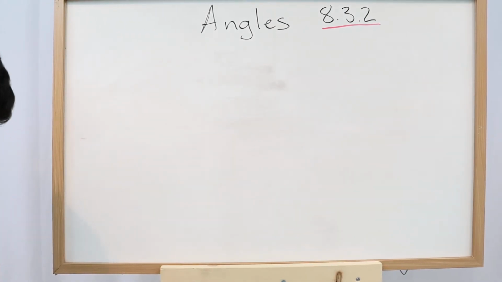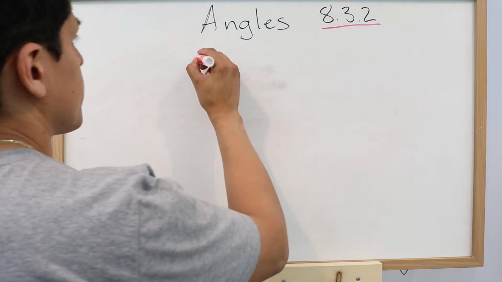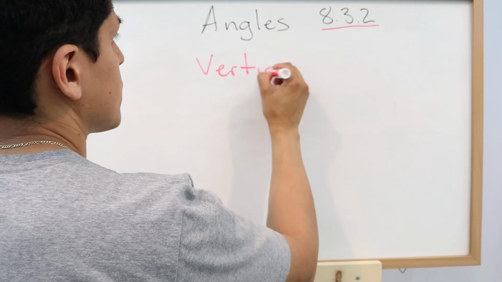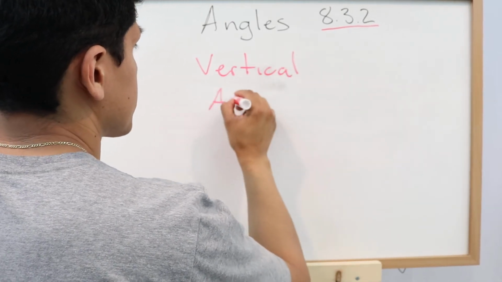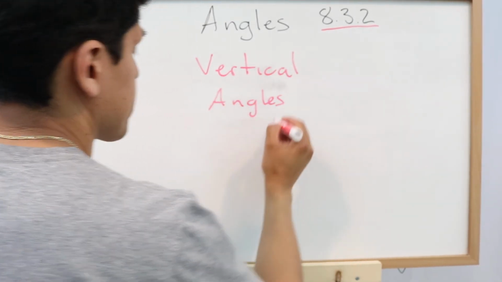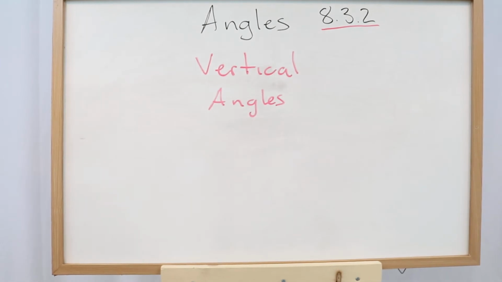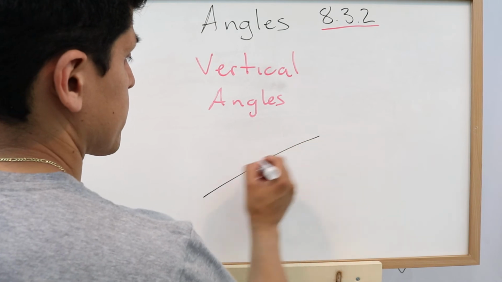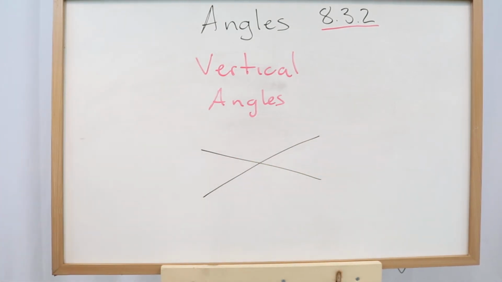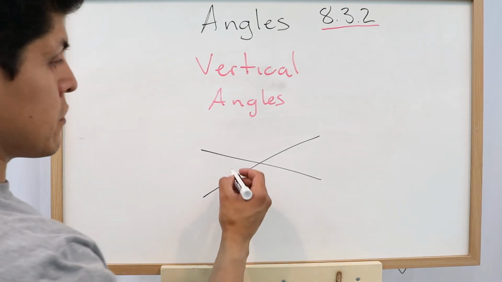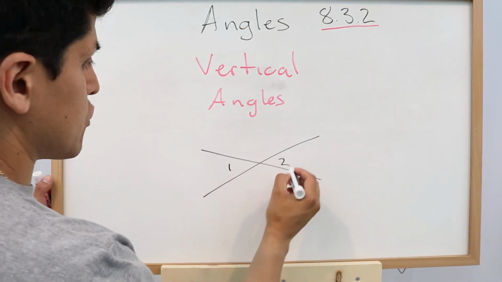Now we're going to talk about vertical angles. I'll write the name: vertical angles. That's when we have 2 lines intersecting, something like this. Those are vertical angles, and let's say we have 1, 2.